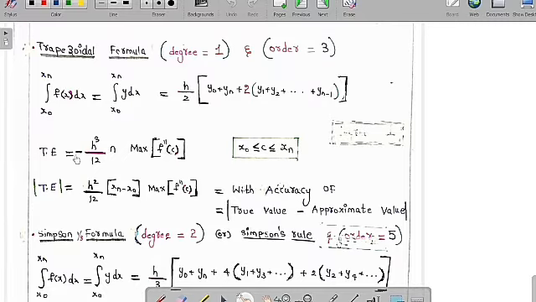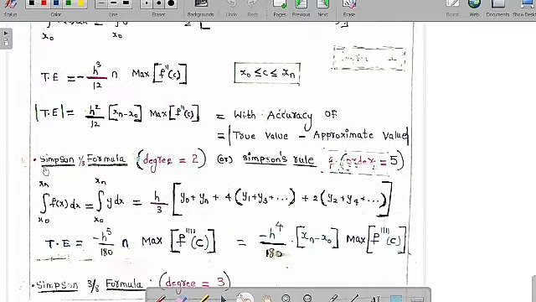Only then can we say the truncation error is negative. So the truncation error is the modulus of the true value minus the approximate value. The true value we get with the help of the absolute integration method, whereas the approximate value we get with the help of numerical integration.